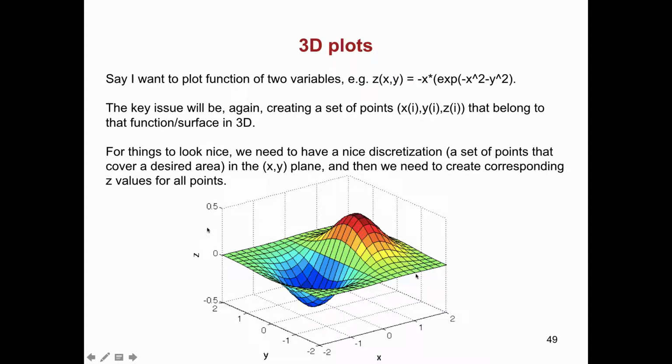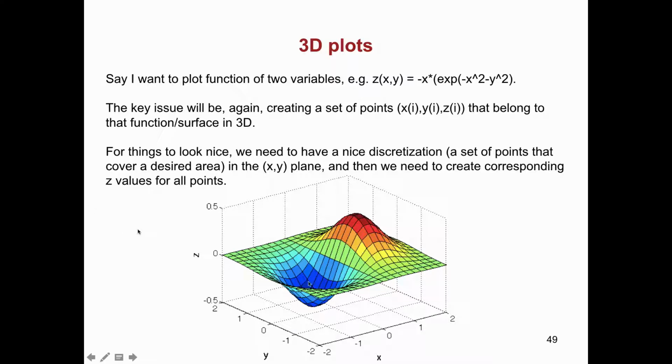And same here. For all of these points, I have to have x, y, and z. Even if I know the range of numbers I want to plot over, in the simplest case I want my x's to range from -2 to 2. If I do a spacing of 1, that's really 1, 2, 3, 4, 5 points in x. There's much more plot here, but let's just focus on the grid underneath, which is simpler to look at.